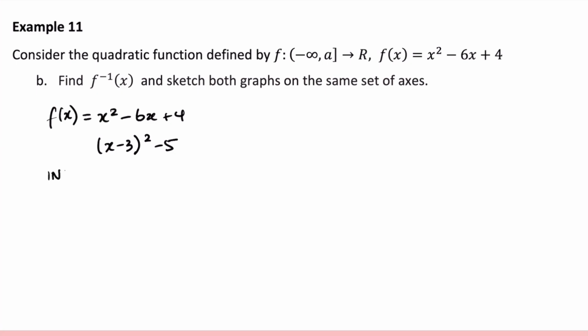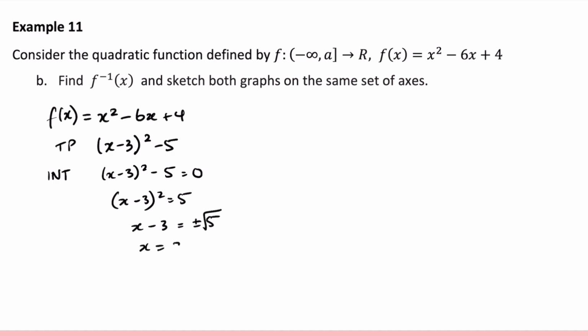So we make that equal to 0. I will end up with, take the square root, plus minus root 5, sorry. And then that'll be 3 plus minus root 5. Of course, we only need one of them because we're only doing one side.